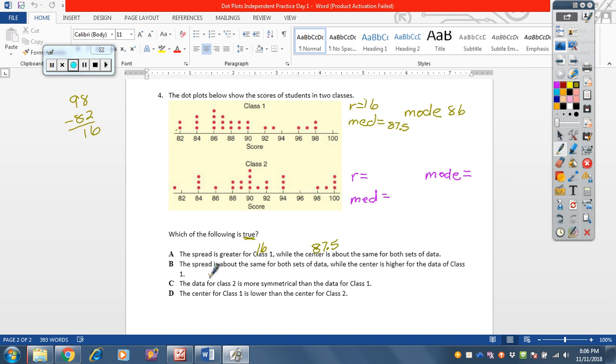B says the spread, which is the range, is the same for both sets of data, while the center is higher for class 2. So is the spread the same? And if the ranges are the same, which class has a higher center, a higher median?